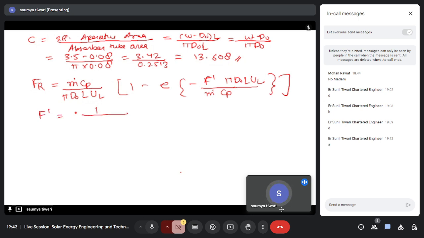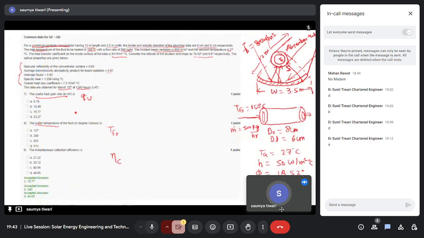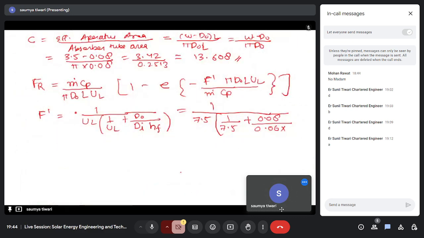For this we know the formula: it's UL upon 1 by UL plus D naught upon D, the inner diameter, into the heat transfer coefficient. The overall heat loss coefficient was 7.5. So this will be 7.5 plus D naught, which we already know is 0.08, and D was 6 centimeter, so 0.06, into the heat transfer coefficient, which was 50. If you solve this, your F dash value will come to be 0.833.